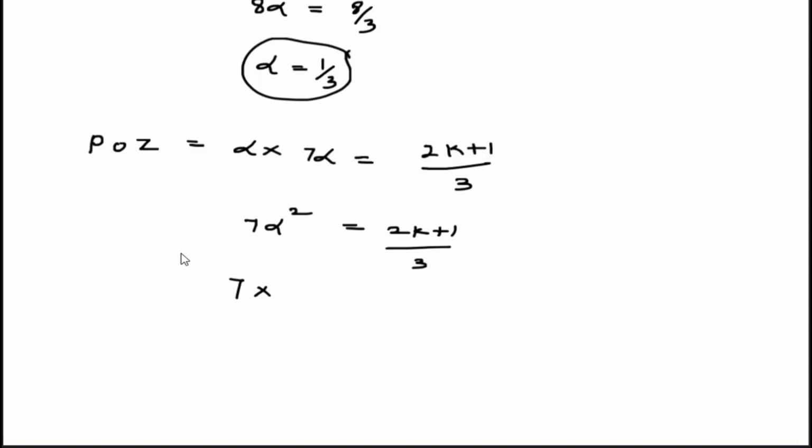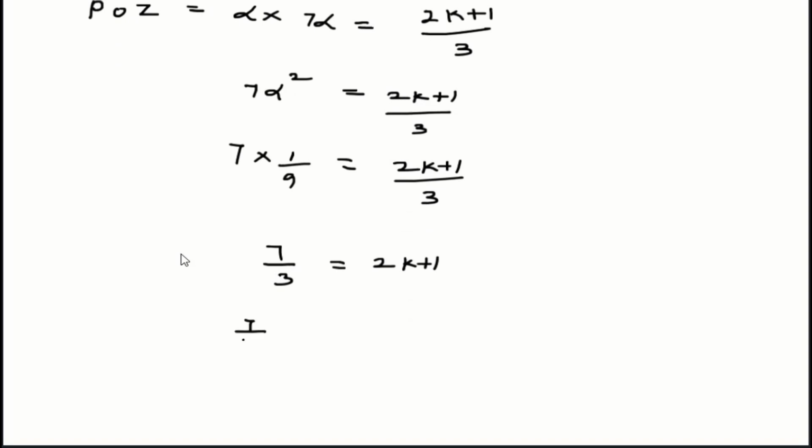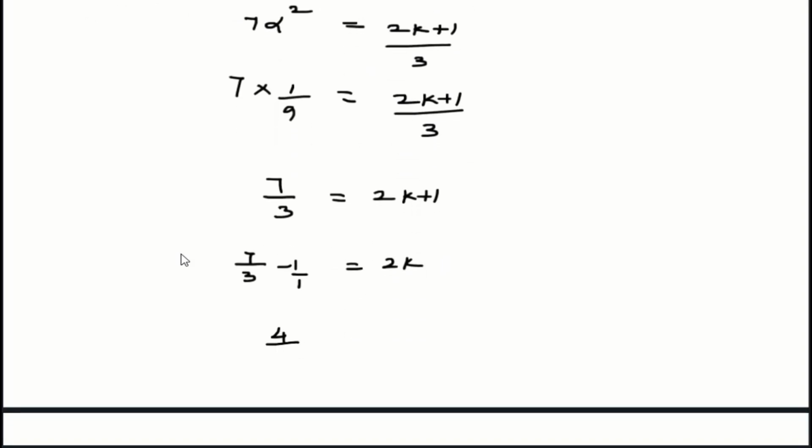So 7 into alpha squared, which is 1 by 9, is 2k plus 1 by 3. So this 3 goes here. So it becomes 7 by 3 equal to 2k plus 1, or 7 by 3 minus 1 is 2k. Minus 1 is written as minus 1 by 1. Take LCM and write. So 4 by 3 equals 2k, which gives k is equal to 2 by 3.